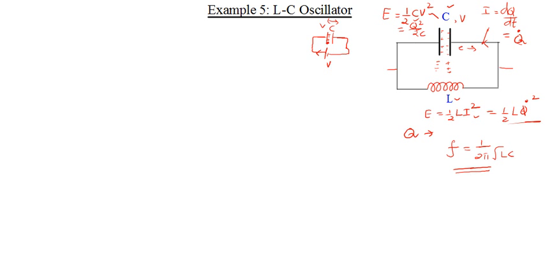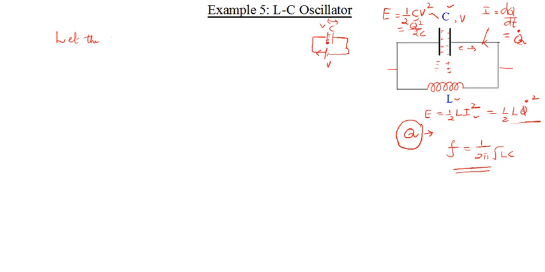With this investigation and realization, we prefer to select the generalized coordinate as the charge that is flowing through the circuit at any instant. So let the generalized coordinate, small q, be the charge.